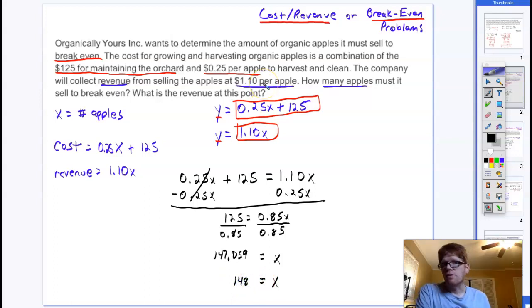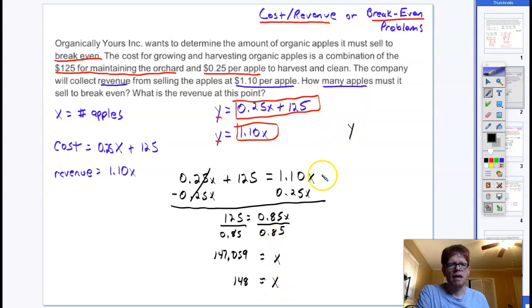Now, the second part of our question is how much revenue was made at this point? And revenue is how much we've earned. Well, I know that I sold 148 apples. How much did I make, or what was my value? Well, I can find that by finding y, by multiplying the $1.10 per apple by the number of apples. So that's what I'm going to do.